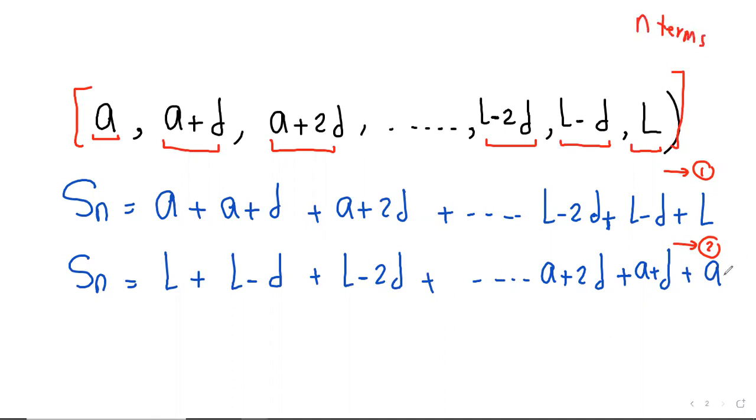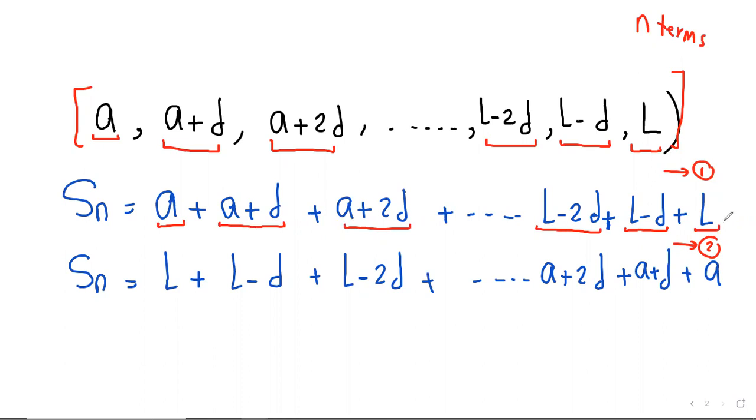Okay. What is Sn? Sn is the sum of all terms. So we write A plus A plus D plus A plus 2D, till the last term L, and the term before it, L minus D and L minus 2D. And we can write the sum of all terms from the end to the first term.